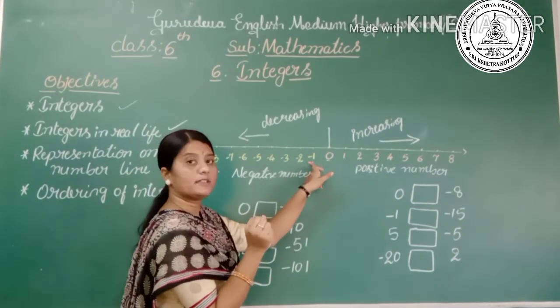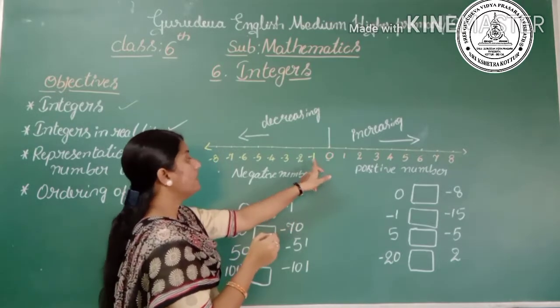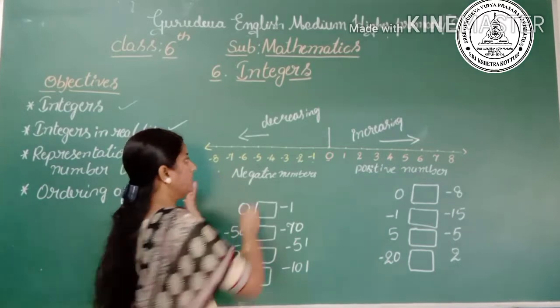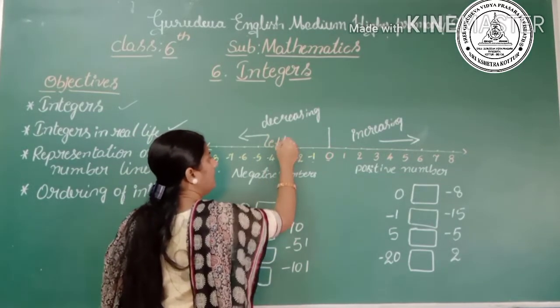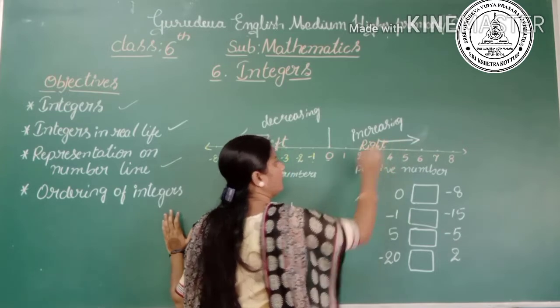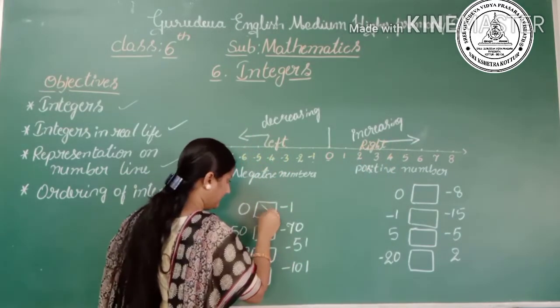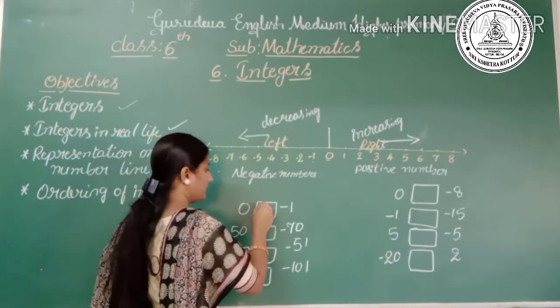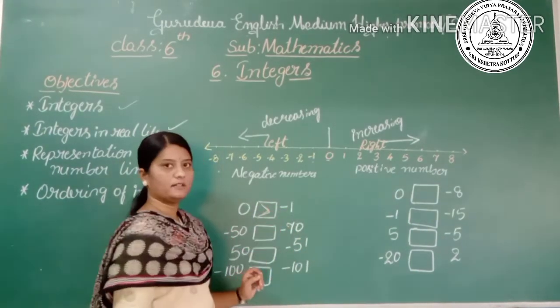So it is the smaller number. Why? Because the value goes on decreasing to the left of the number line. So 0 is greater than minus 1.